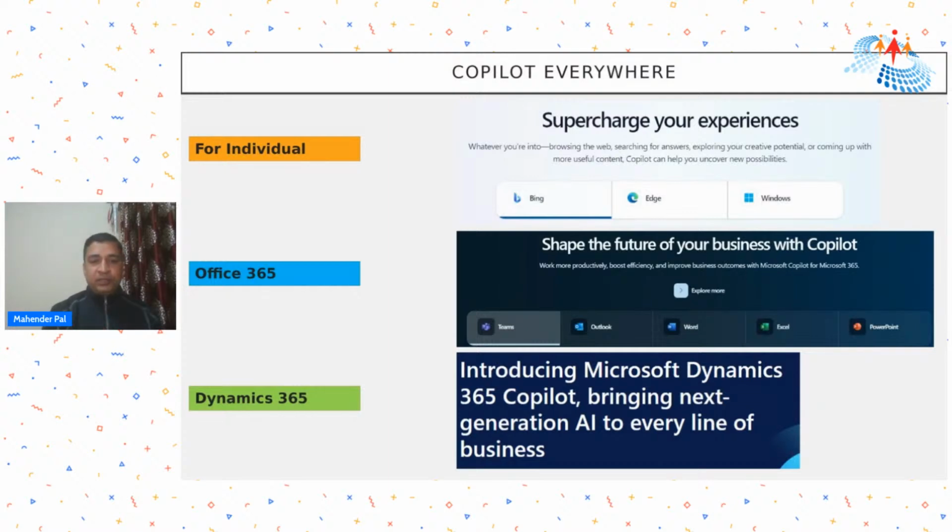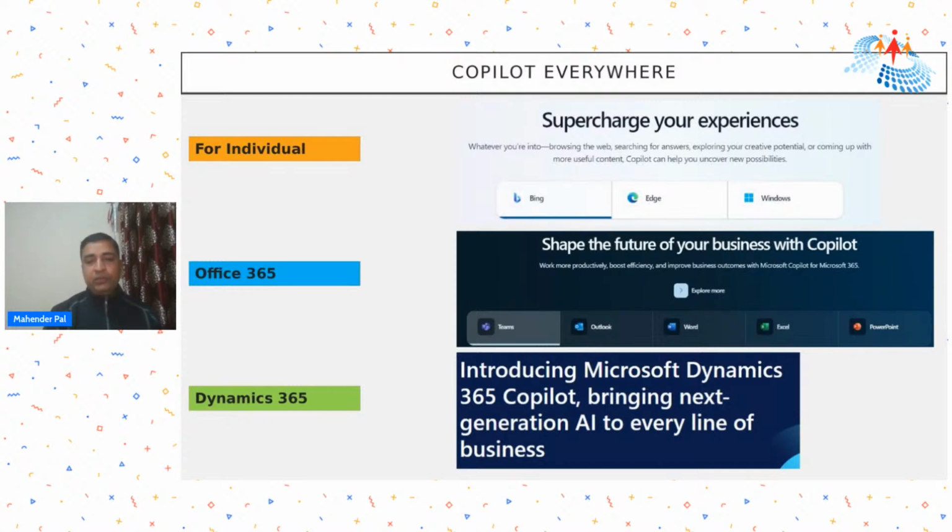And apart from this, we do have it for Dynamics 365. So all the Dynamics 365 business apps basically have the Copilot feature now. So we can utilize the Copilot features on all of the tabs. For example, on the Power Platform, we can use it for the sales app, for customer service, for Power BI, virtual agent.